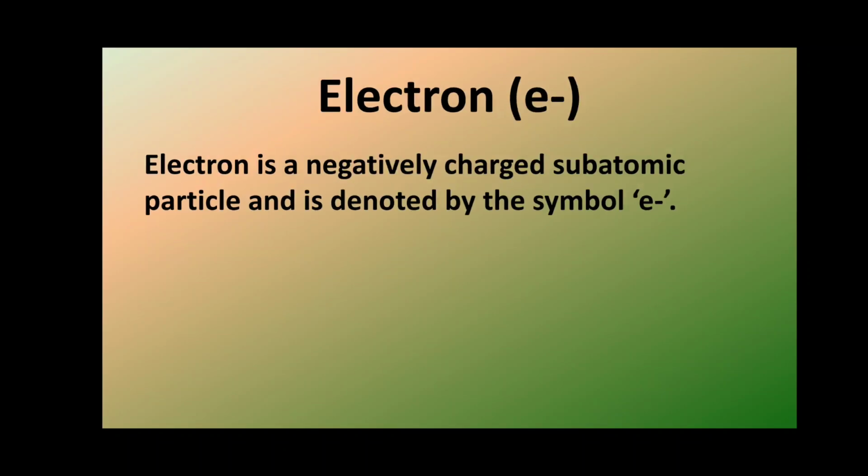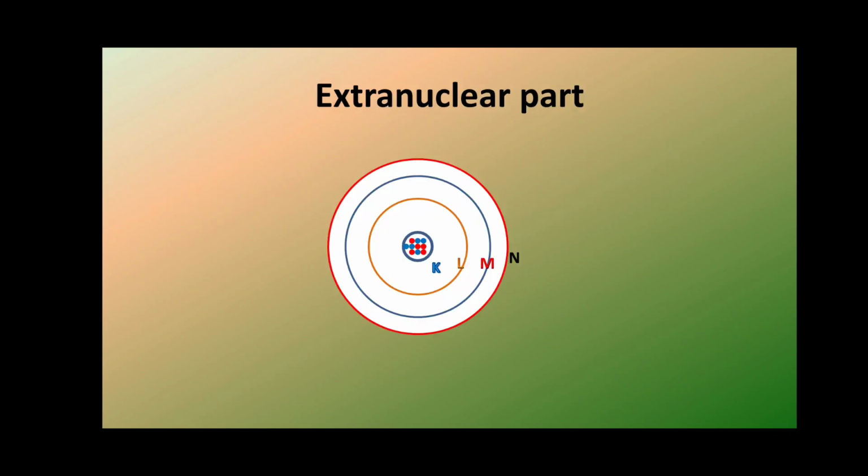They revolve around the nucleus in specific orbits, the orbits are also called shells, and the electron possesses the energy equivalent to the energy of that particular shell. So when we say that the electrons are present in a shell or orbit, how are they distributed in any atom? Now we are going to see the distribution of electrons.